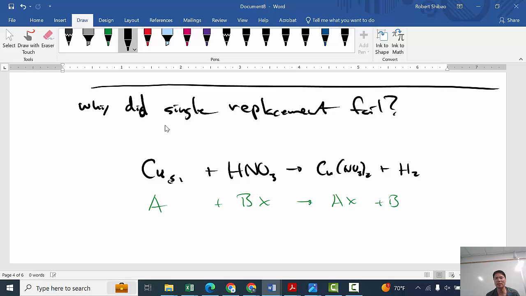But hydrogen likes to be diatomic, so we'll just do hydrogen gas here. The pattern is this: A in single replacement is the reducing agent. B is the oxidizing agent. X is the spectator.